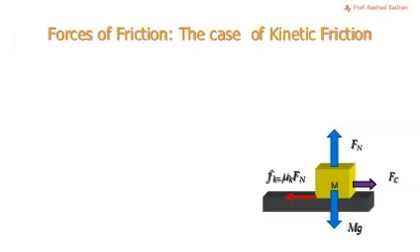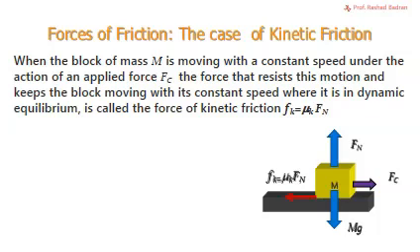The second type of force of friction is the force of kinetic friction. And here we're going to compare the force of kinetic friction to that of the previous case of the force of static friction.